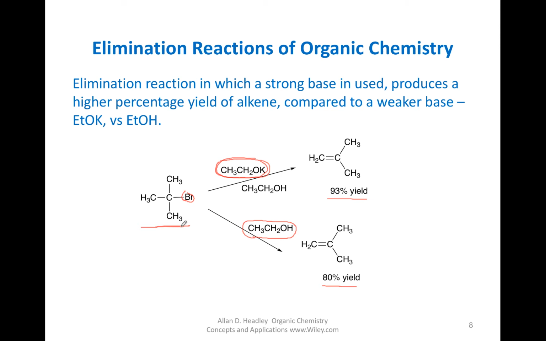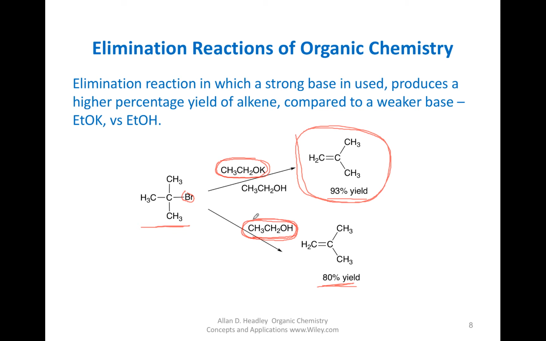So the base plays an important role. The reaction that gives this as the product is more than likely an E2 mechanism. The reaction that gives this as the product more than likely is an E1 mechanism, because there's not a strong base to react with the alkyl halide in that most important step.